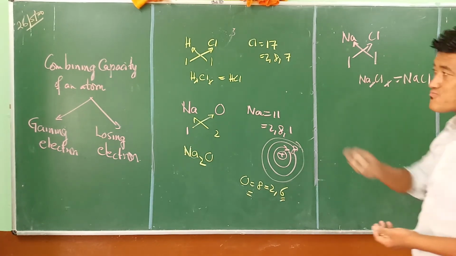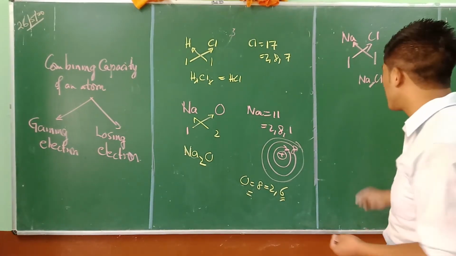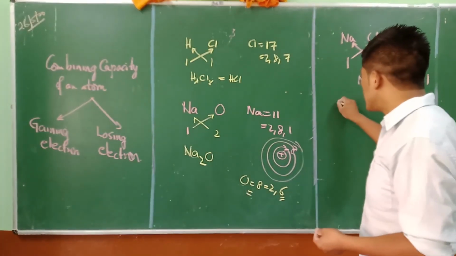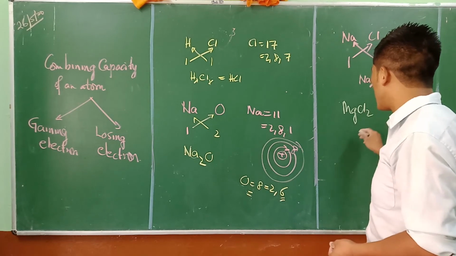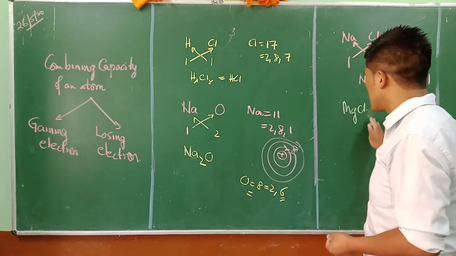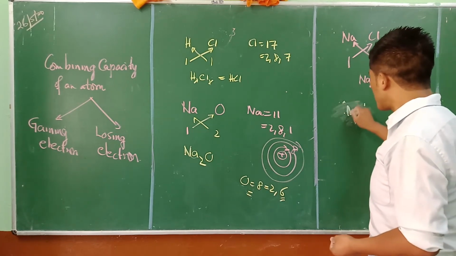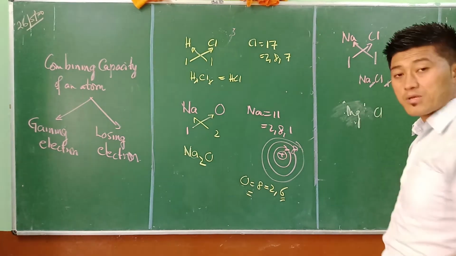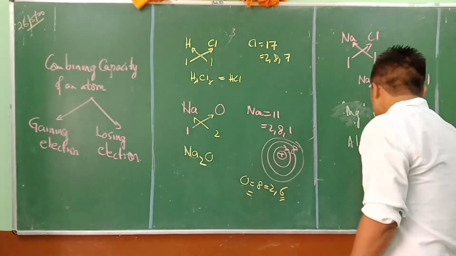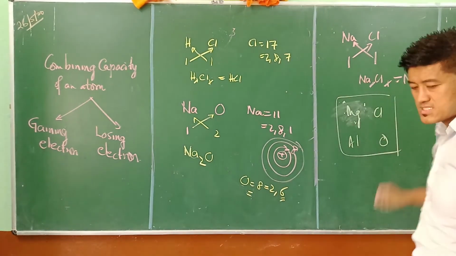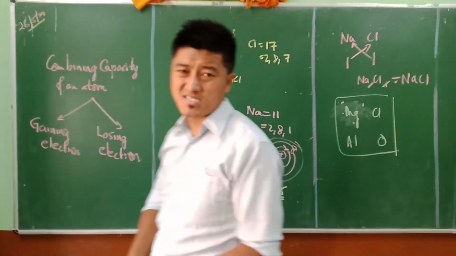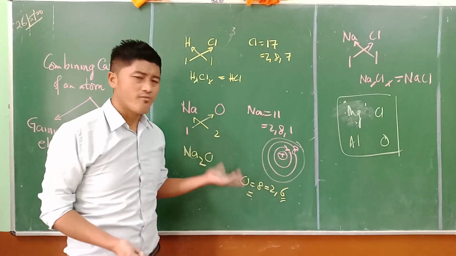So by using this valency method, maybe you can try to find out magnesium chloride. Try to see what kind of formula you get between magnesium and chlorine, and aluminum and oxygen. Is that clear? I hope this is not a difficult task if you understand the concept of valency.